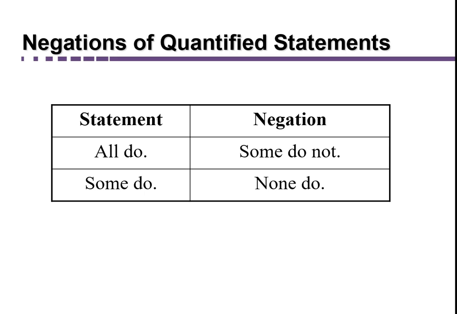Now here there are little fine lines. Notice you might say here all do for the statement and then none do. But the negation is not none do, but some do not. Keep that in mind.